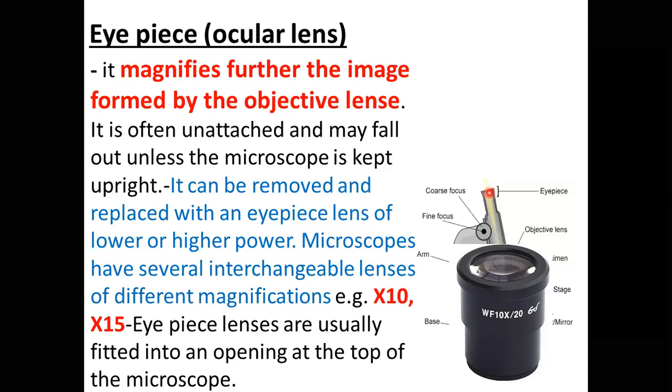And therefore, it is always good to be conscious of which eyepiece lens you are using, which power, because it's something that can be interchanged. The most common eyepiece lenses are either times 10 or times 15. So when using a microscope, take into account which eyepiece lens you are using. Without that, you'd have missed a very important point.